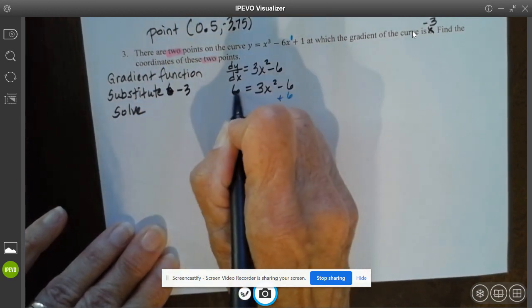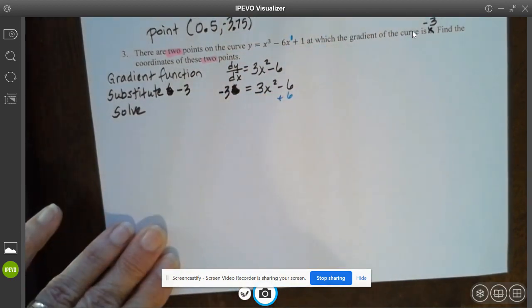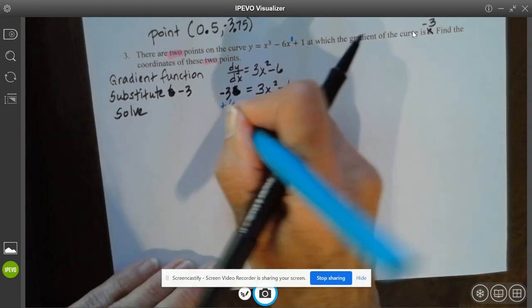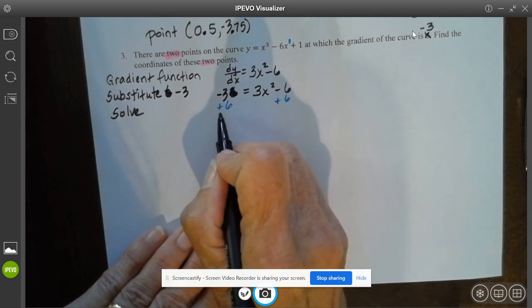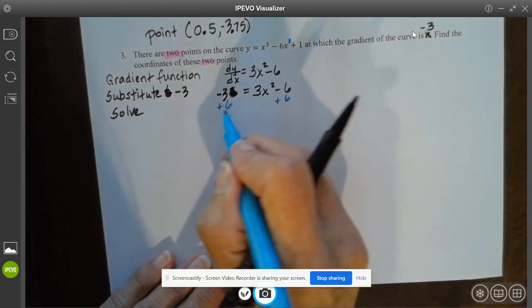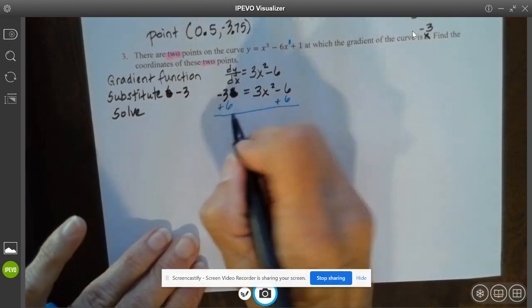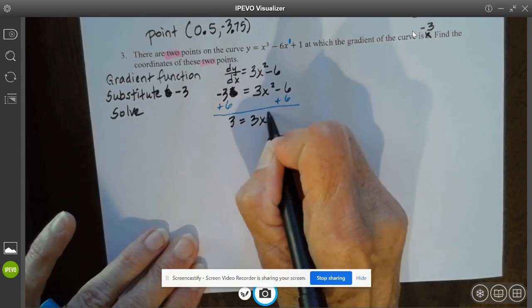Now you really feel like you're in class, for those of you who really can't stand my mistakes. So we're going to say plus 6 and plus 6. Although that would have been an easier equation, it could have been 0. I should have just left it. So negative 3 plus 6 is a positive 3 equals 3x squared.